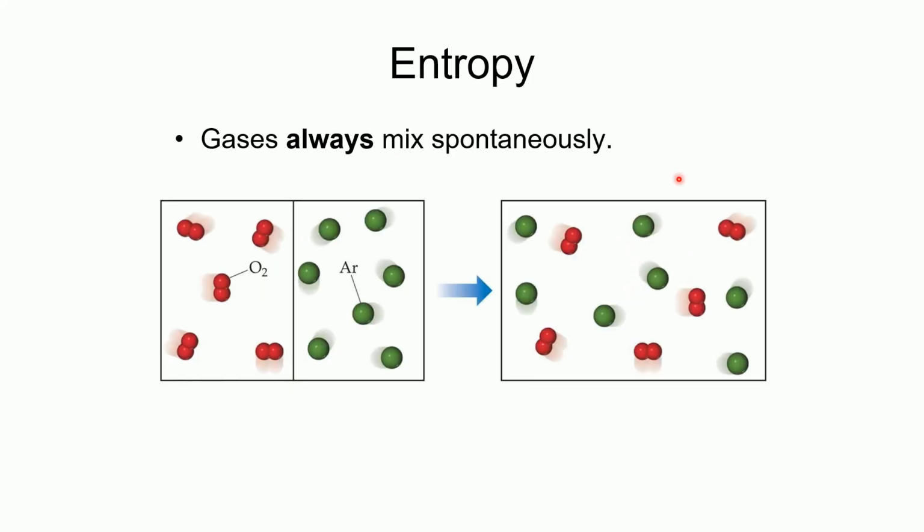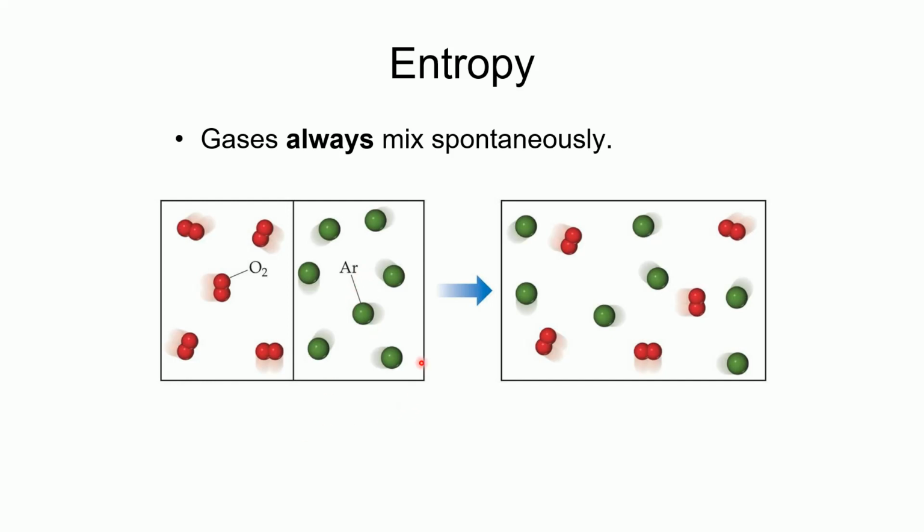As far as entropy, what I want you to understand right now is that when a gas or a substance spreads out, we will find that the entropy will increase. For example, here we've got a pair of gases, each in their own chamber, oxygen on the left side, argon over here on the right side.